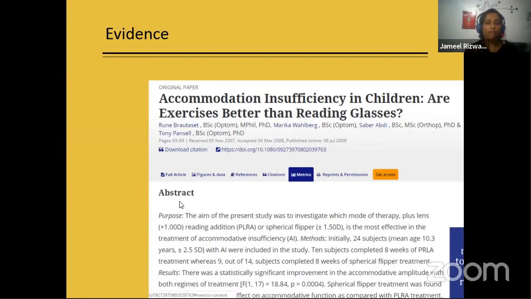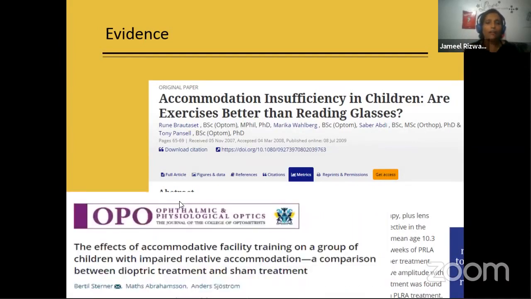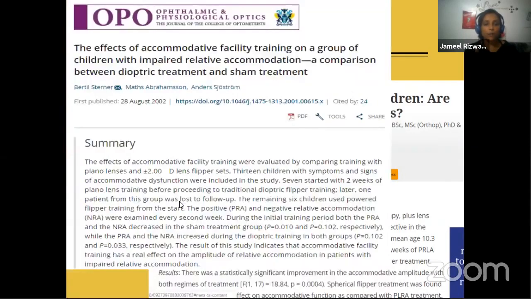So in this study, the children had significant improvement with both vision therapy as well as with low plus lenses. And this is another paper, a very early paper that we use as a foundation for training accommodation. It doesn't actually improve even accommodative amplitudes. So if the accommodative amplitudes are borderline, not very severe, definitely you can directly start vision therapy.